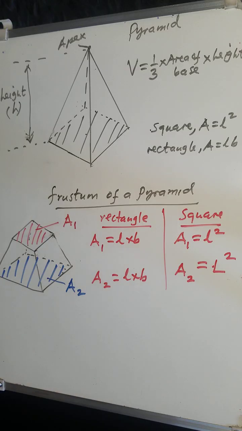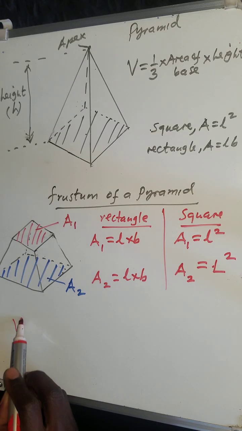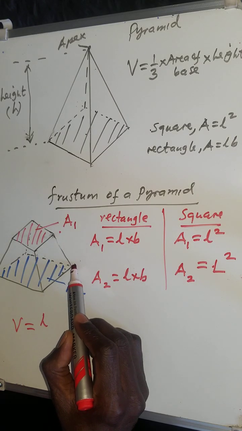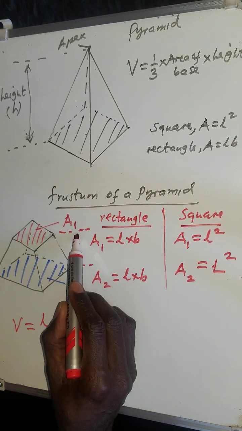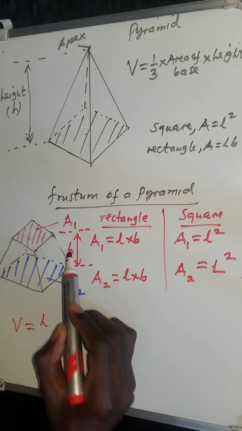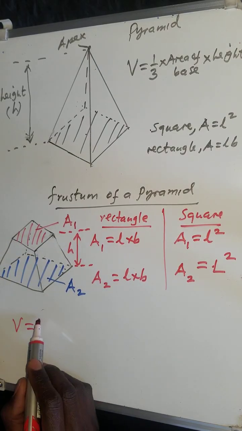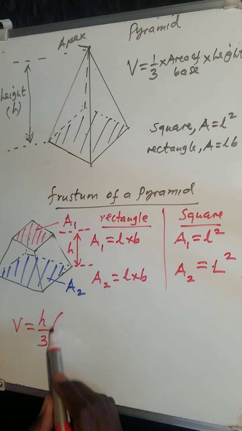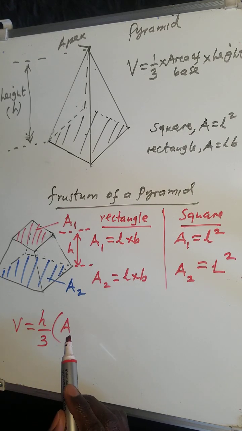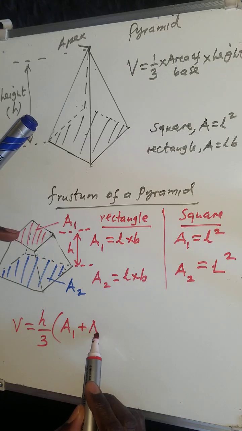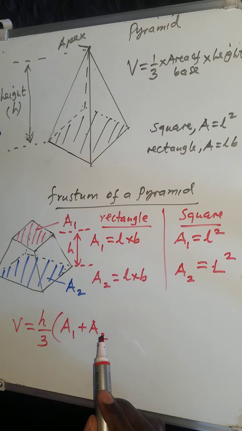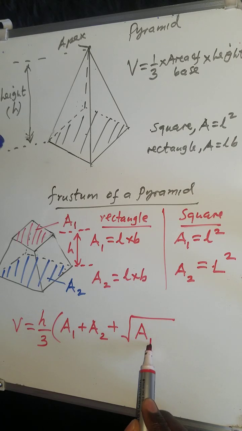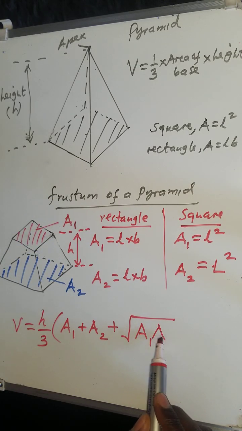Now, how do you find the volume of that? Well, the volume is equal to, it is the height. In this case, the distance from the bottom to the highest point of the frustum, we'll call it the height. So the volume is simply given by the height of the frustum divided by 3, multiplied by the area of the top part plus the area of the bottom part of the pyramid plus the square root of the product of area 1 multiplied by area 2.